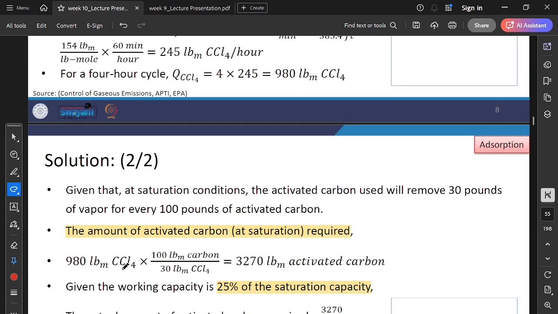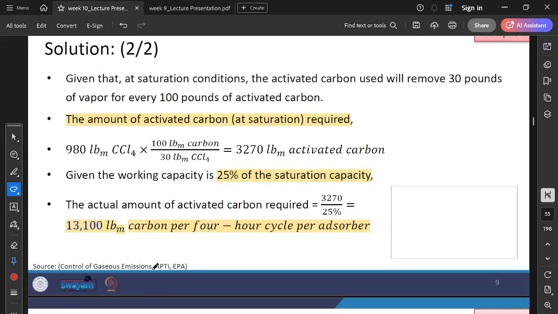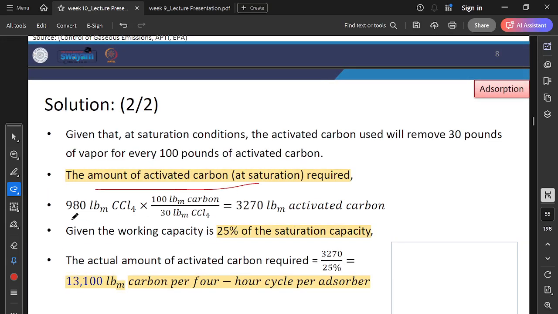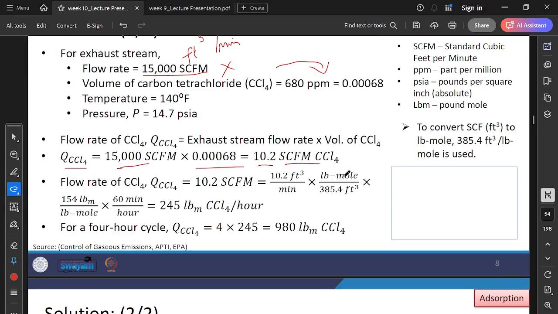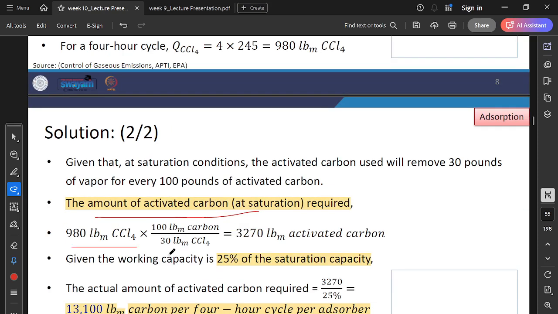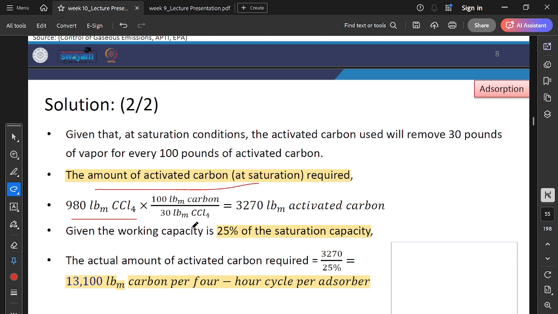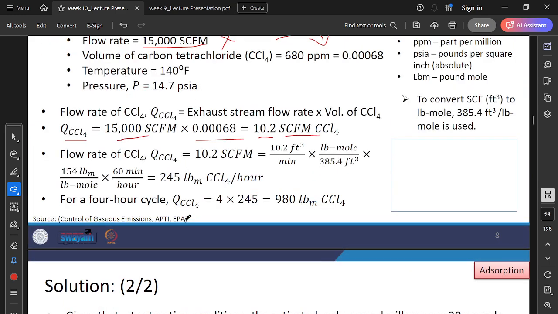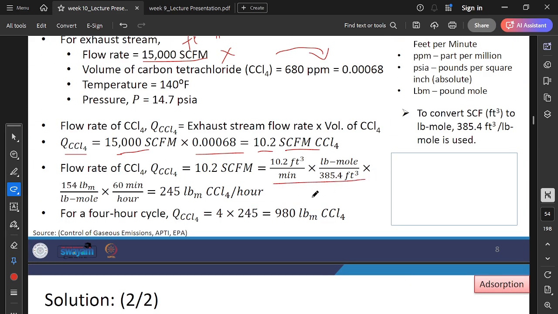Then I want to calculate the amount of activated carbon required. The flow is 10.2 standard cubic feet per minute.